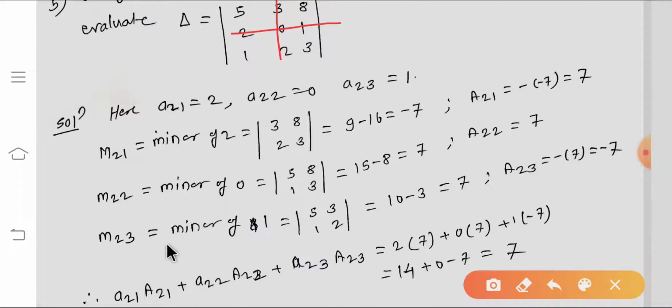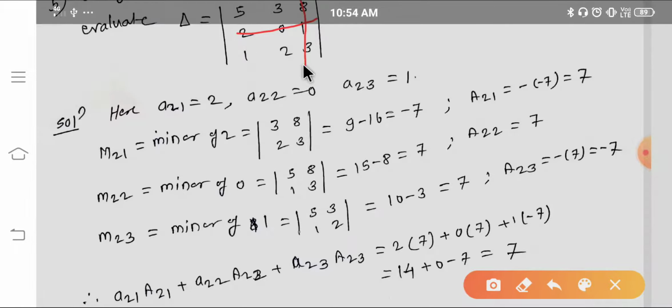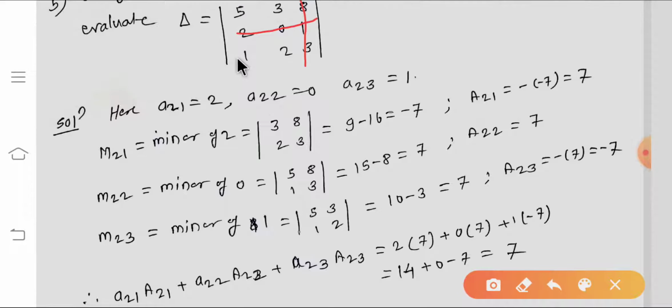Similarly M23 is the minor of 1, neglecting the second row and third column. The determinant of 5 3, 1 2 is 5 times 2, which is 10, minus 3, equal to 7, and A23 is minus 7, because this sign is negative here.